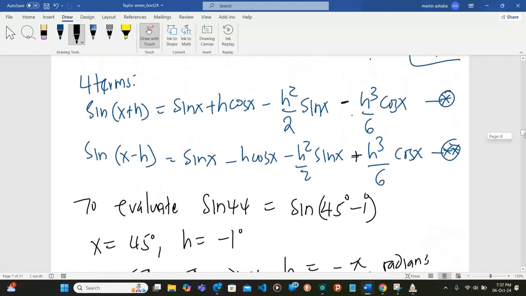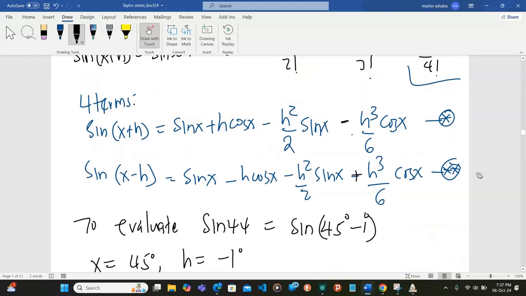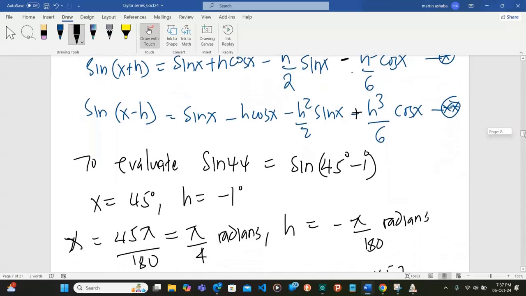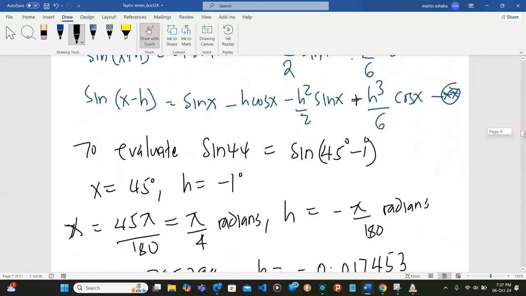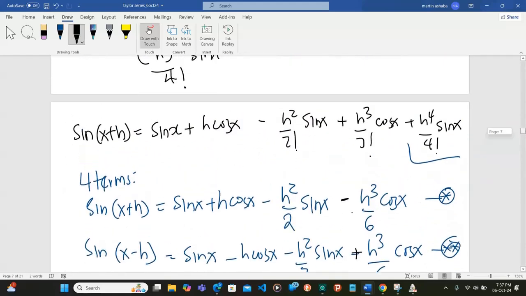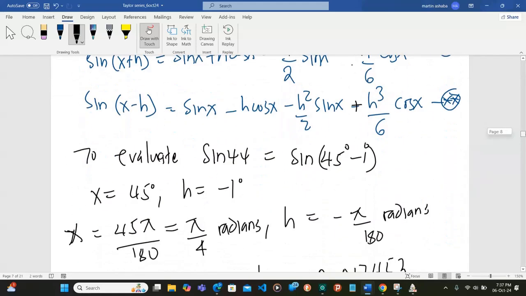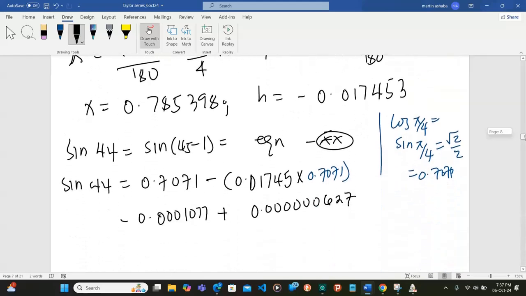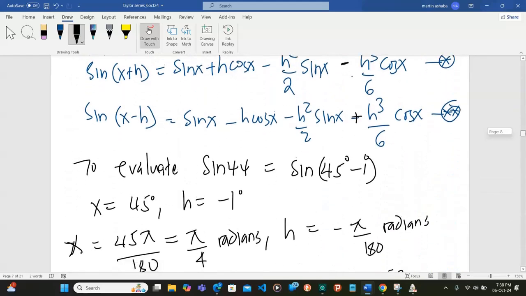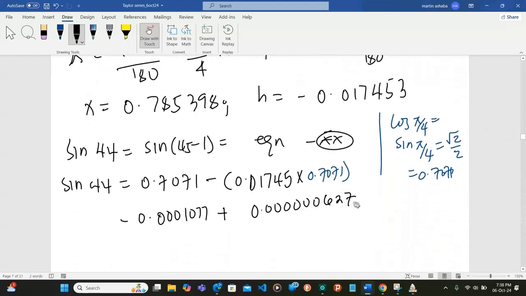So if I multiply it by cos x, we said it is the same as sine 45, which is root 2 out of 2, which is 0.7071. Then minus that h squared divided by 2 sine x would give me that value. Then plus the last one, h cubed out of 6 cos x, gives me this.